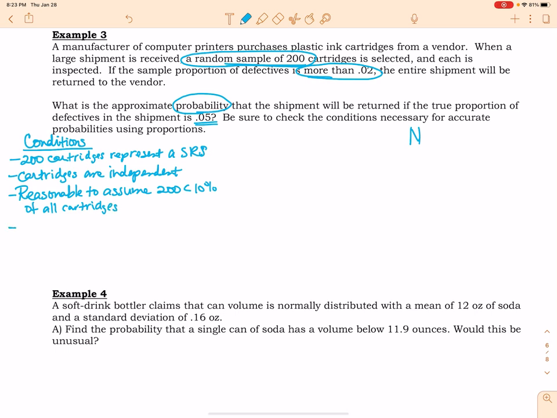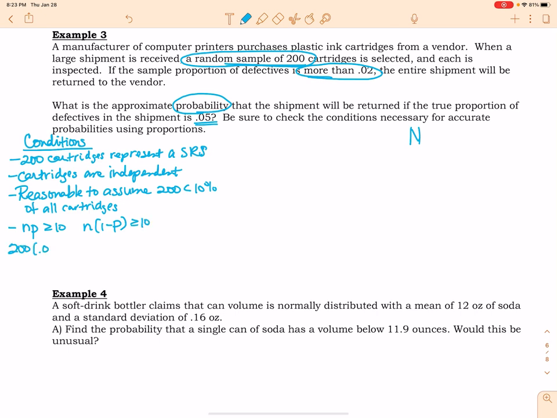And then, of course, I need at least 10 that are defective, and I need at least 10 that are not defective to ensure that my sample size is large enough to be representative of the population. So I am going to take np greater than or equal to 10, and n times 1 minus p greater than or equal to 10.